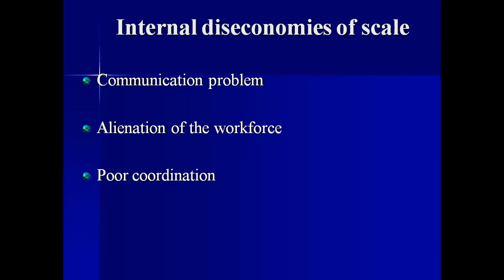All right. Then we have poor coordination as well. Now, coordination is also not possible, and I think I explained that to you earlier as well, when I was explaining the communication problem. Poor coordination is that now there are lots of shops in various parts of the city, and you're not able to communicate properly, or maybe the workers cannot sit together at one place to sort out the problems they are facing.